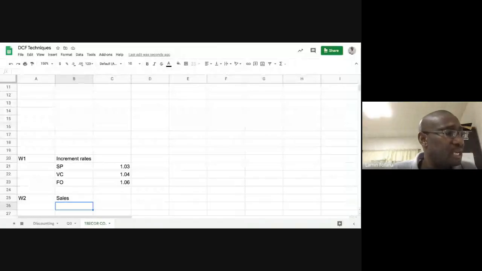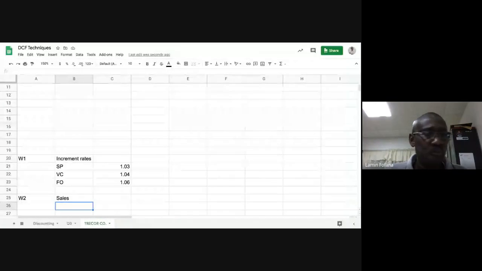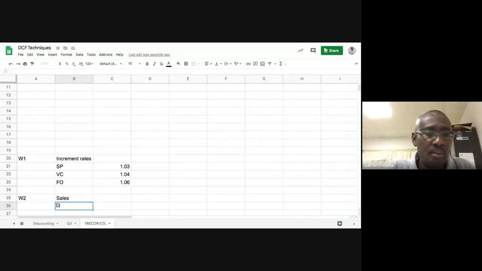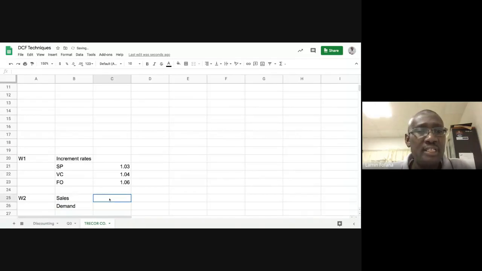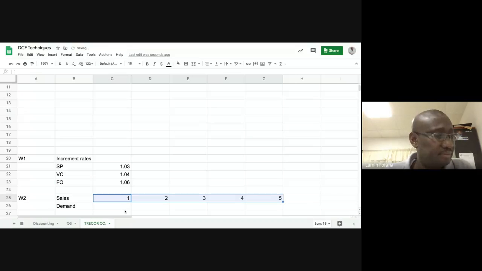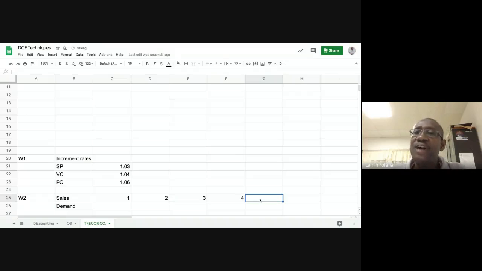We start with the sales demand. Okay, so sales demand for each of the years, we have year 1, year 2. Then I just grab it to year 5. Okay, here year 5 is not necessary because year 5 is only for tax purposes.